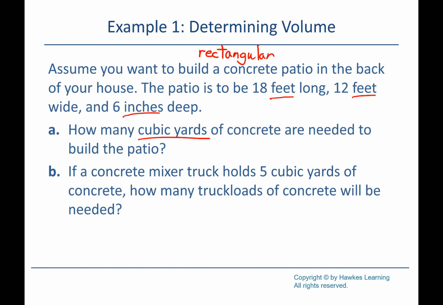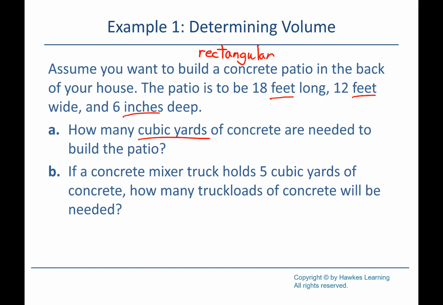So two good ways you could do that. You could maybe change our 3 dimensions all to the same unit. So maybe you could change them all to feet. And then at the end, when we get our volume, we could convert that to cubic yards. That can be a little bit confusing, and I'll show you why when we get there.